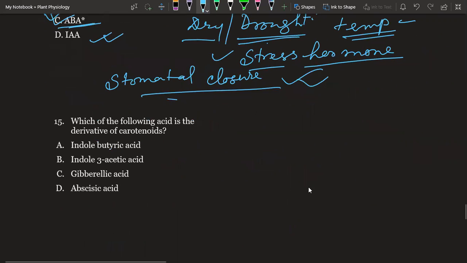Okay. Which of the following acids is the derivative of carotenoid? This is also ABA. Abscisic acid is a derivative of carotenoid.